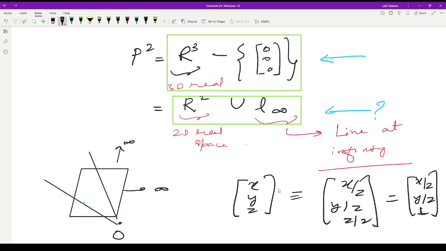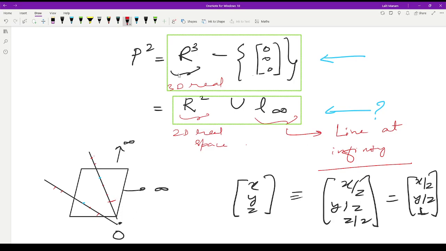Okay, so all these are equivalent. That means all points on this ray are the same in the projective space. Do you agree with that? So if I take any point on this ray, it is the same as representing that whole ray in the projective space.